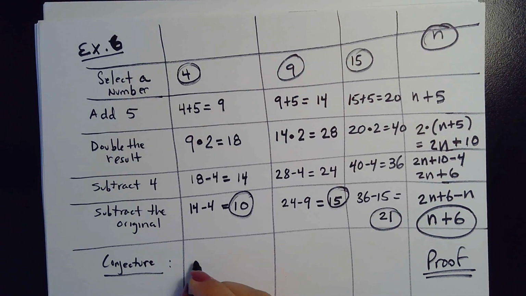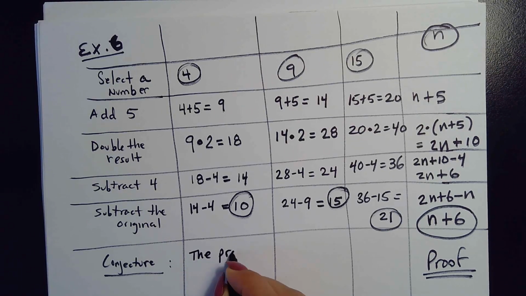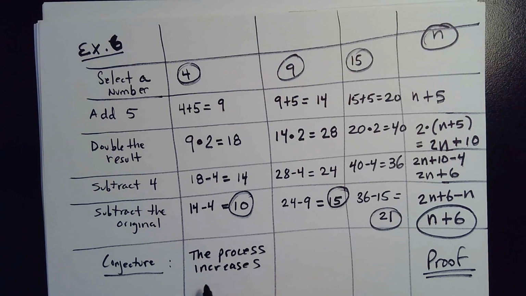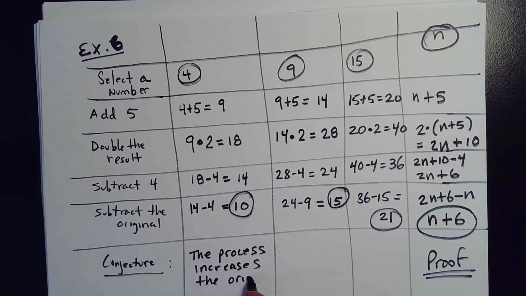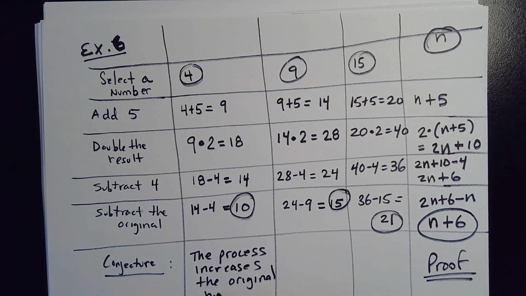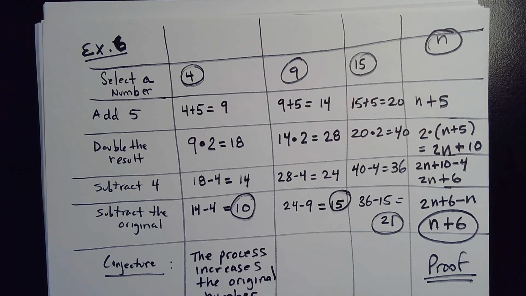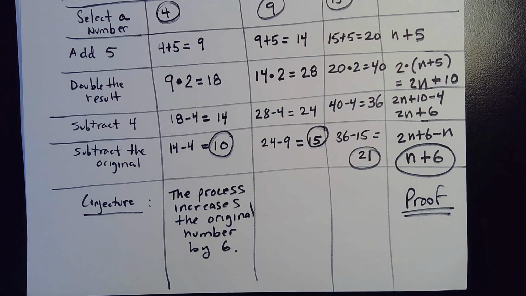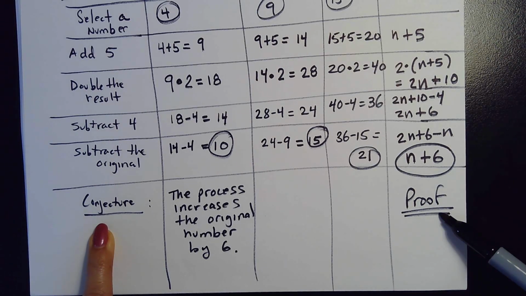So the conjecture is that the process increases the original number by 6. Okay, there's the conjecture. And the proof of this conjecture is the last column here.